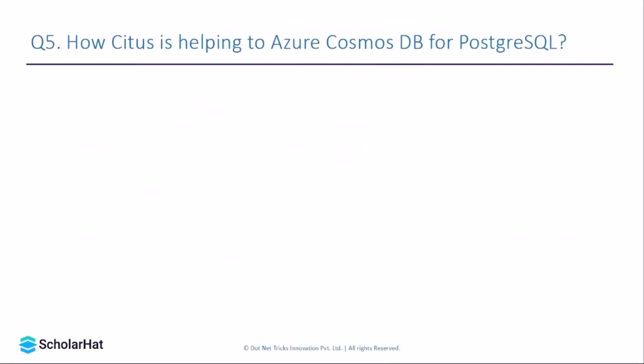Our next question is how Citus is helping the Azure Cosmos DB for PostgreSQL. In order to understand this, first of all, we need to know what exactly Citus is. Citus is a PostgreSQL extension that transforms Postgres into a distributed database so that we can achieve high performance at any scale.